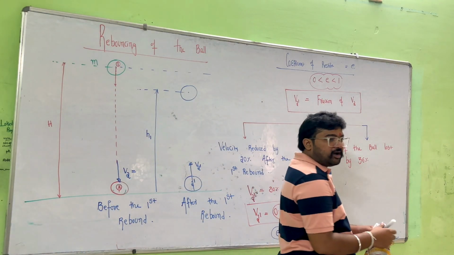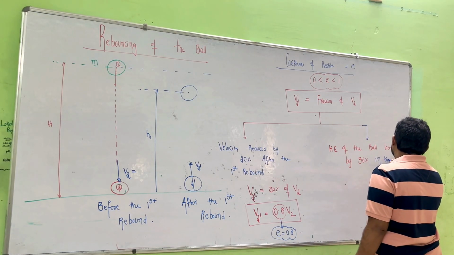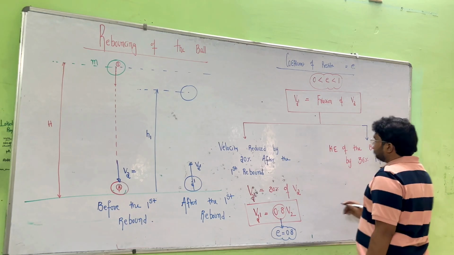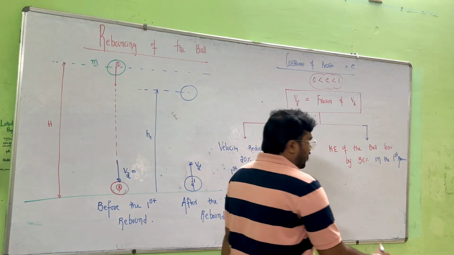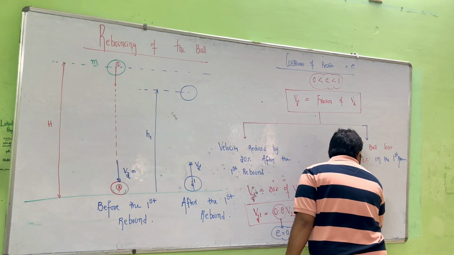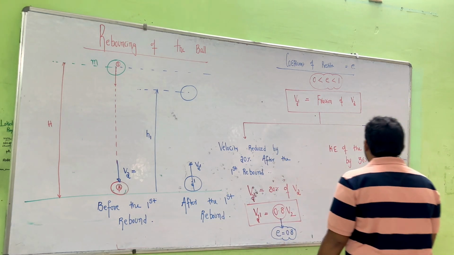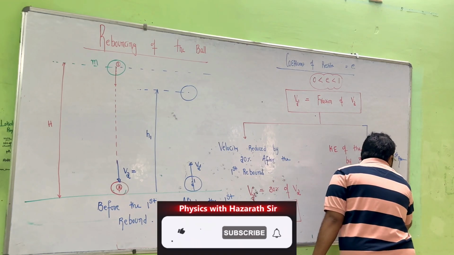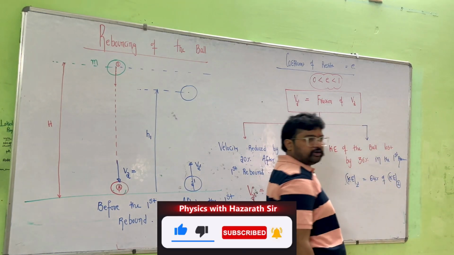What does it mean? Lost by 36% means how much is remaining? Final kinetic energy 2 dash is equal to how much? 64% of kinetic energy 2.